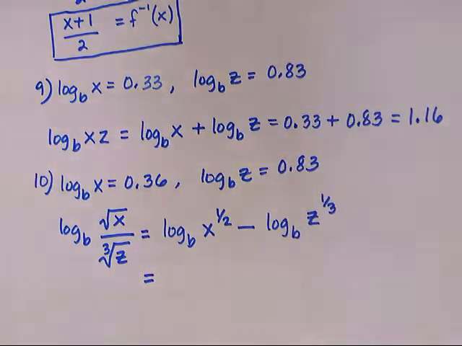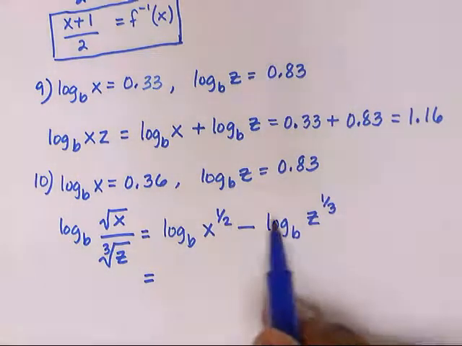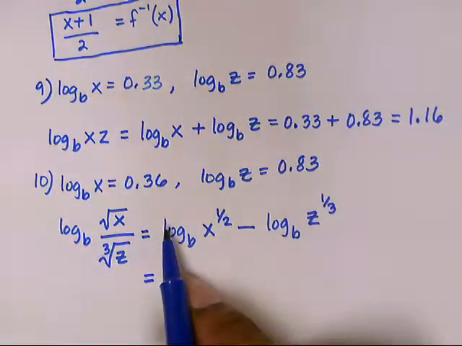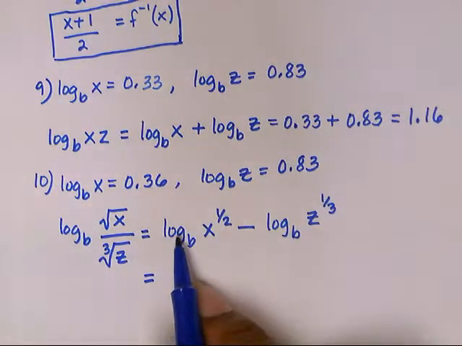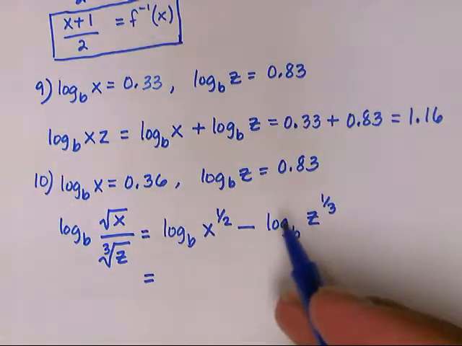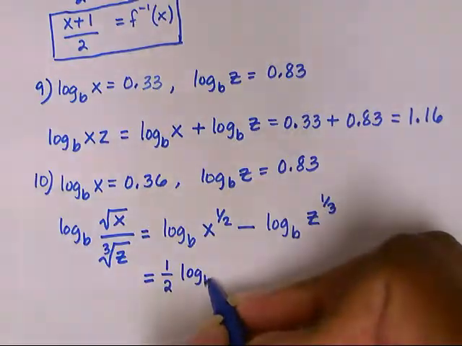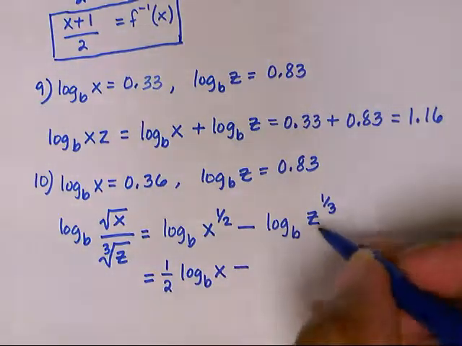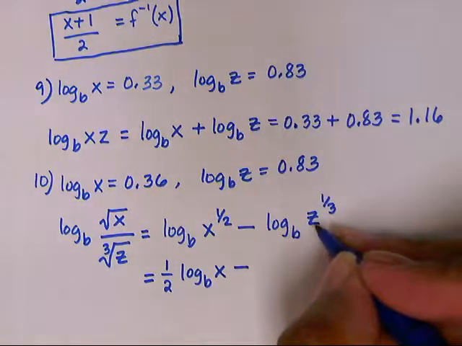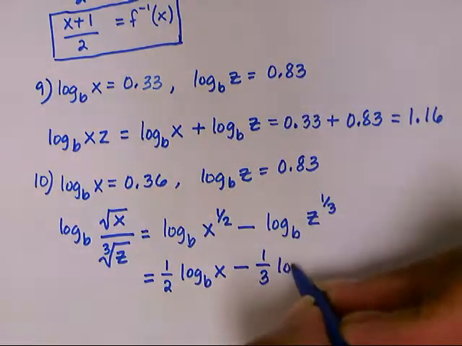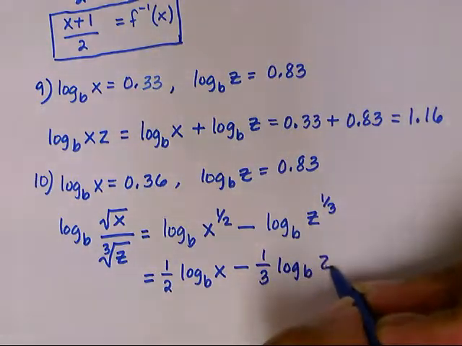And now I'm going to apply the power rule because I have exponents here. That means I can pull the power in front of the logarithm. So log to the base b of x to the 1/2, I'll pull the 1/2 in front of log to the base b of x, and then minus, for log to the base b of z to the 1/3, I'll pull the 1/3 in front of log to the base b of z.